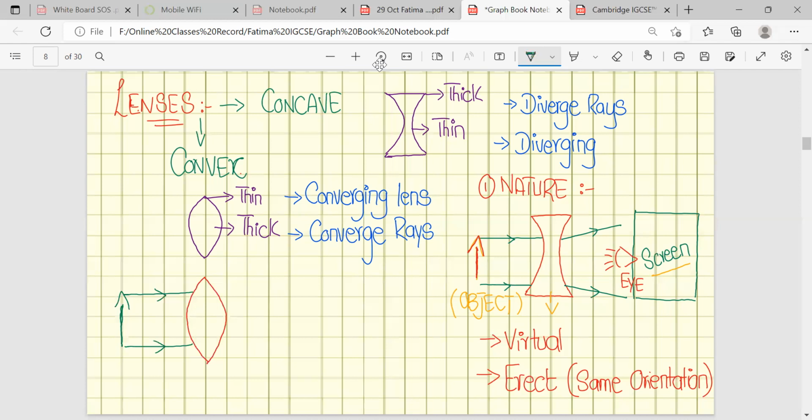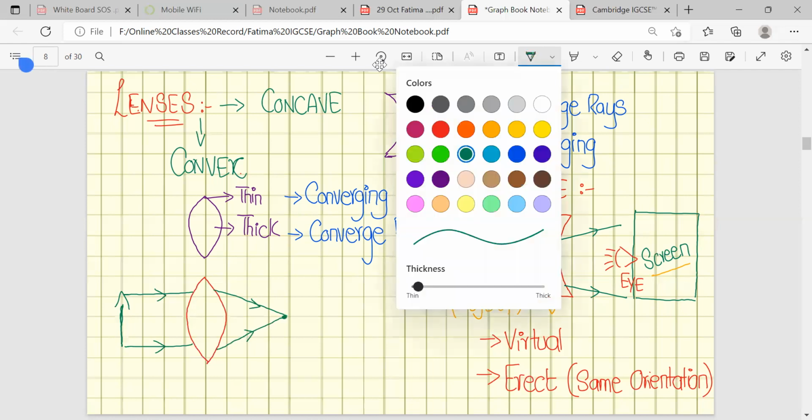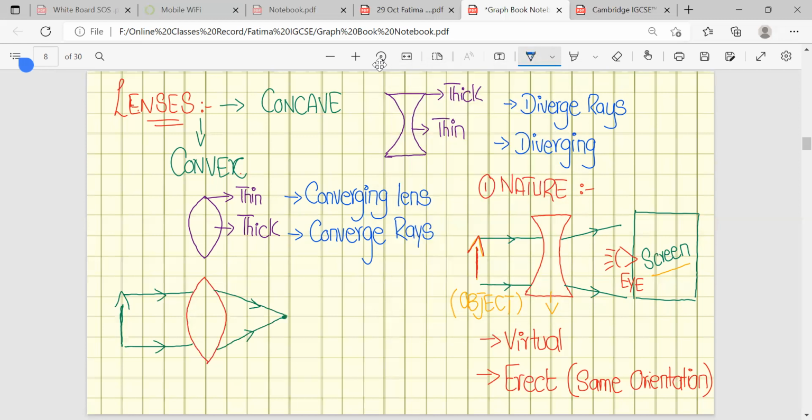They converge the light rays to a single point. So when light rays intersect each other, it clearly means that you can get the image on the screen, right? So you can completely get the image of an object on the screen here.